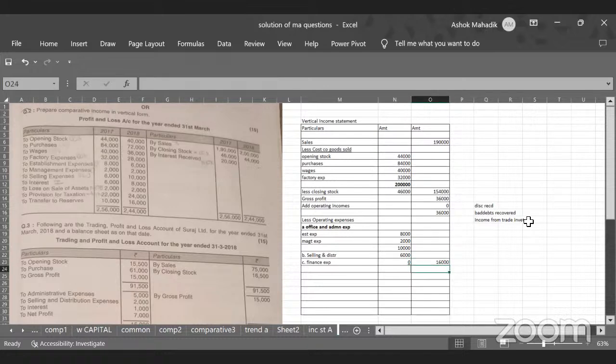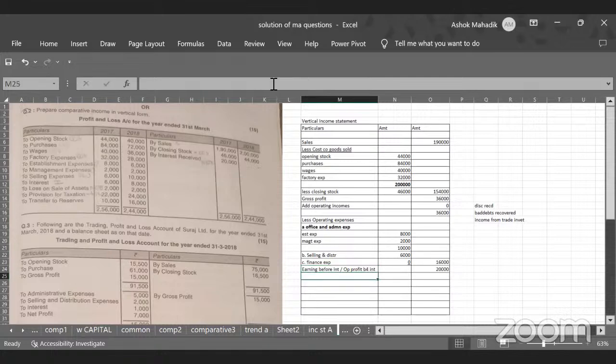Now we will subtract this from the total, 36,000 minus this 16,000. We will get operating profit before interest, or earnings before interest. Anything is fine. Earnings before interest, or operating profit before interest.